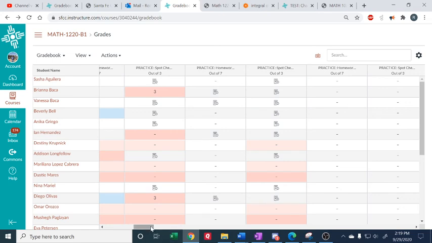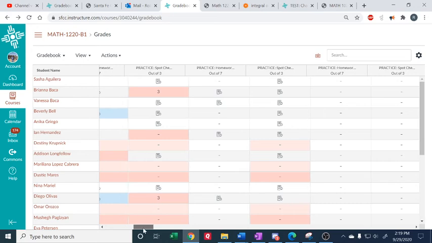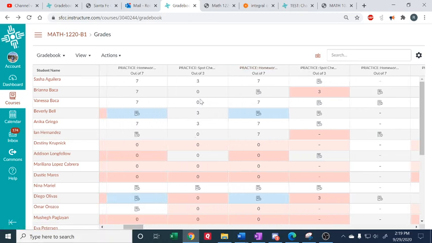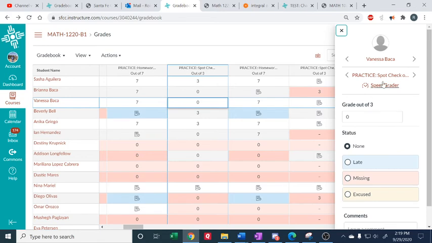I didn't realize that I should have done it this weekend. All right, that was my fault. I should have put that in. So I'll get to that soon. And then, what was the other one? You said for 3.4? Yeah, it's the spot check for 3.4. Spot check for 3.4. And you have a 7 there.